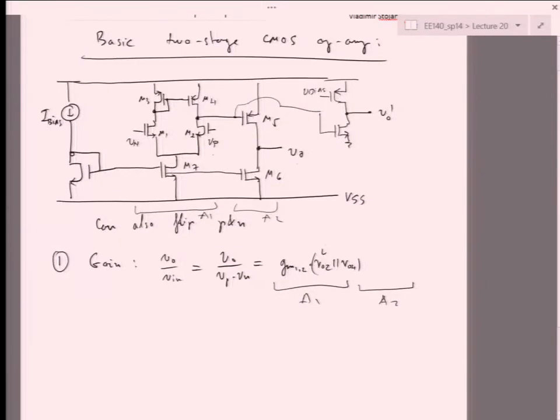Then there was the simplification I did, when we said, if we assume that the R naughts of these two are not present at the moment, so this is ground, then you can look down and up just into the output impedances of the two. Okay, so that's the first one. And the second one, even simpler.